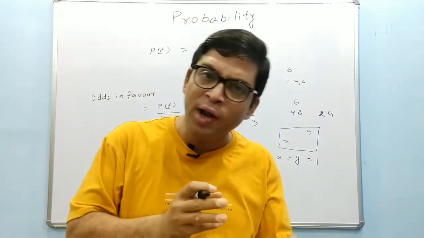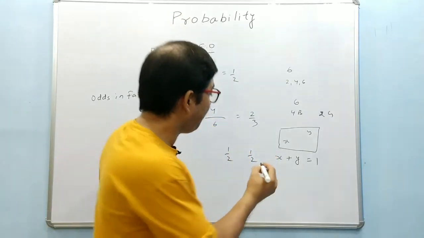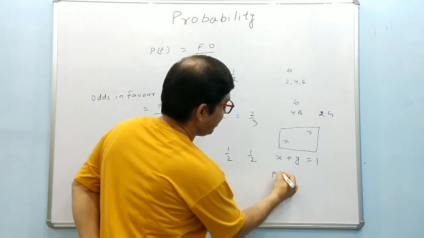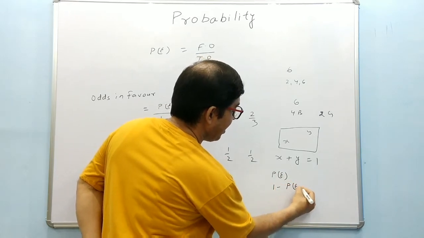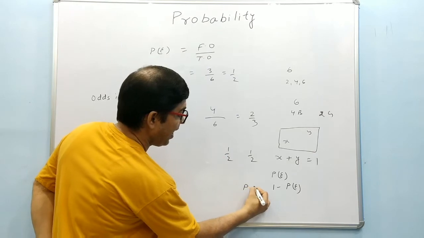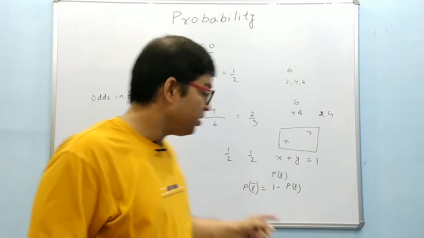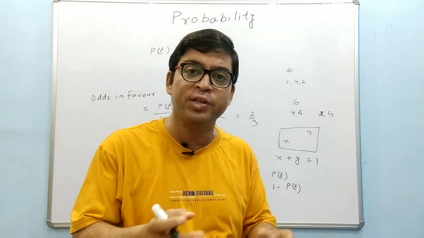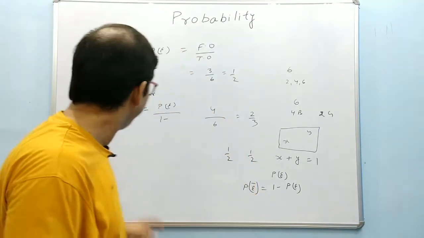Happening and non-happening are mutually exclusive. If happening is P(E), then non-happening is 1 minus P(E), termed as P(E) dash, the complement of that. Because they are mutually exclusive, either it will happen or it will not happen.